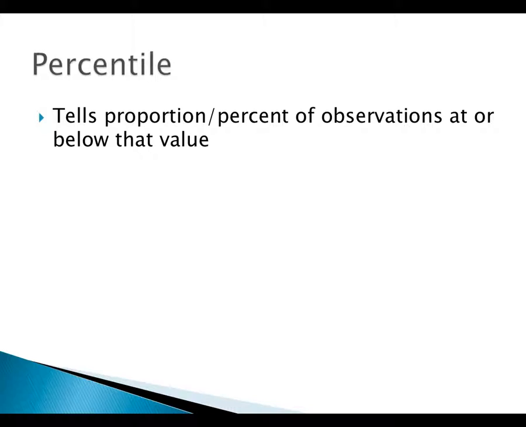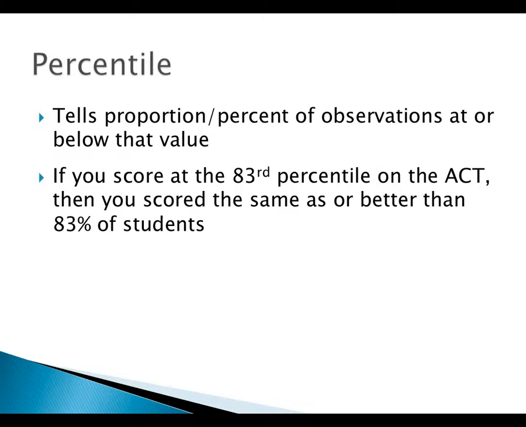Some people do percentile as strictly below that value. So if you are at the 80th percentile, 80% scored strictly below your score. And then some people interpret it as at or below that value. So 80% of people scored the same as you did or below. It doesn't really matter, it's just a difference of opinion.